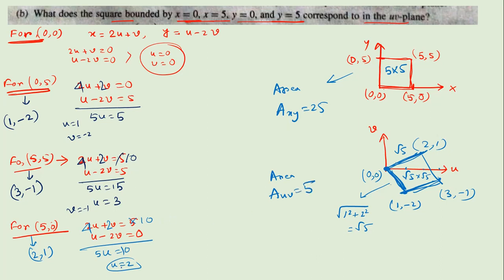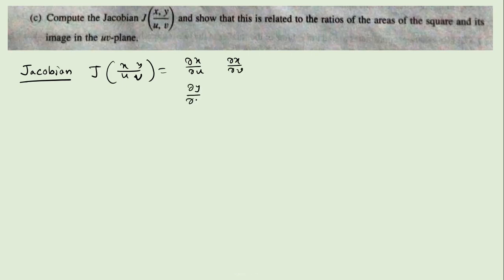Clear? Now we want to find the Jacobian. What will be the Jacobian? The Jacobian of x y with respect to u v is nothing but del x del u, del x del v, del y del u, and del y del v.